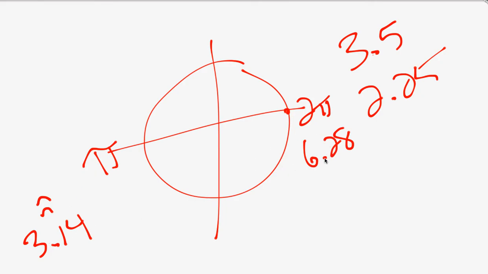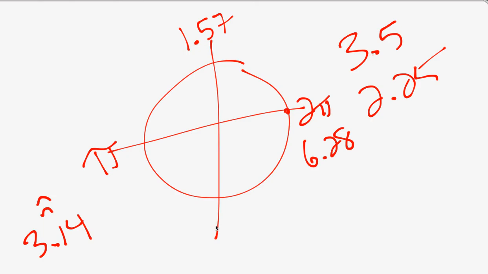We're just thinking in terms of decimals, so we don't have to deal with pi. Pi over 2, which is right here, is half of pi, so that's 1.57. If you take 3.14 and add another 1.57, you'll end up with 4 point something. But either way, 3.5 is definitely between 3.14 and that 4 point something.